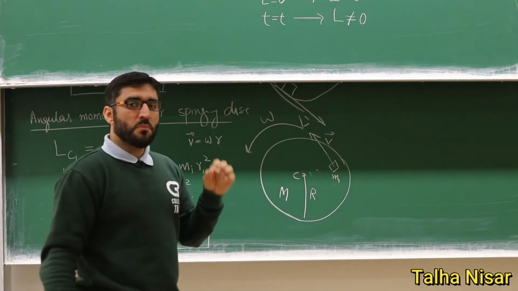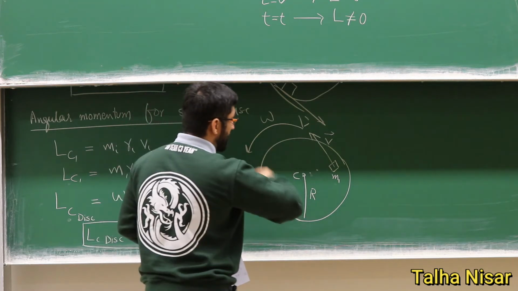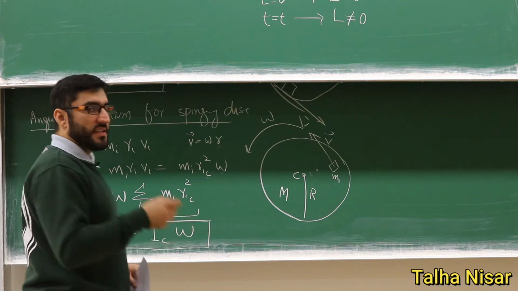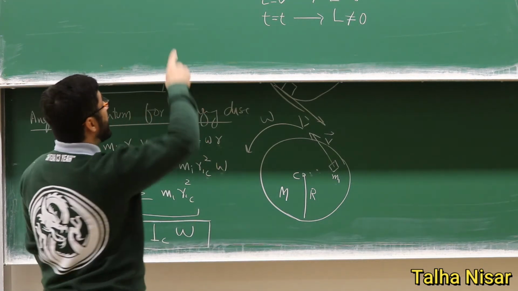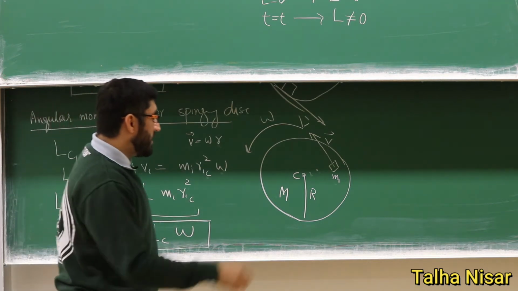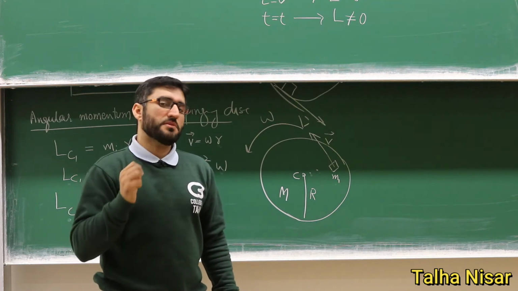Whenever an object is spinning around its center of mass, the angular momentum is an intrinsic property of that system. Then it's not changing, as we have discussed previously. This is called the spin angular momentum, and it is always the same no matter which reference point you take.